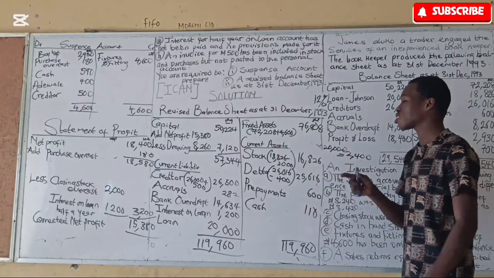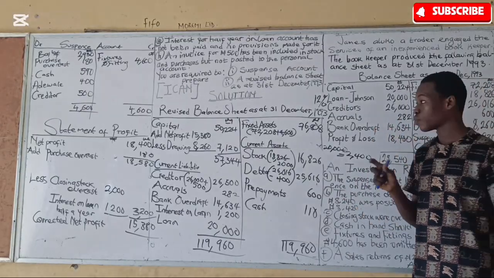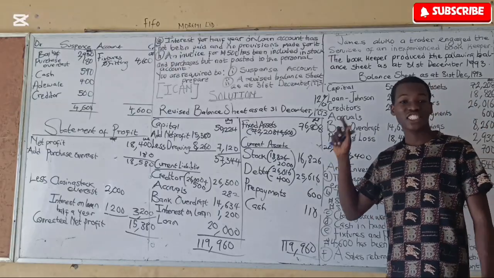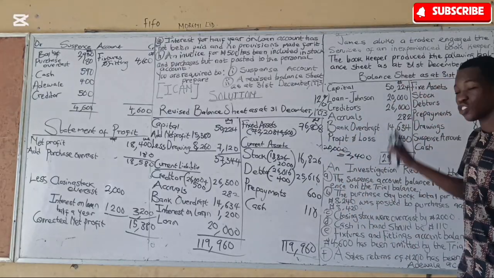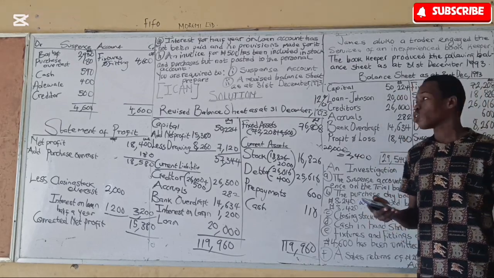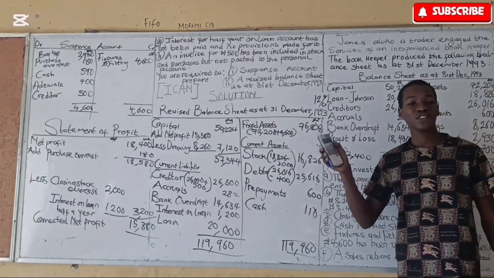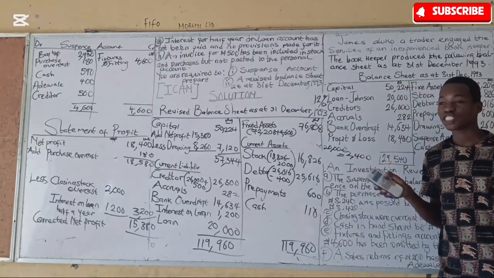I can bet it to you, because for 3 straight years in the ICAN exam, all the questions they set under this effect or statement of profit and loss relate to what I have written on the board. Each question is part of what I have written on the board. So understanding this, it's very easy for you to pass it in your ICAN exam when you come across it.